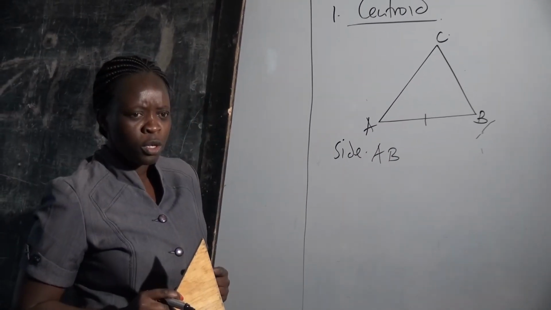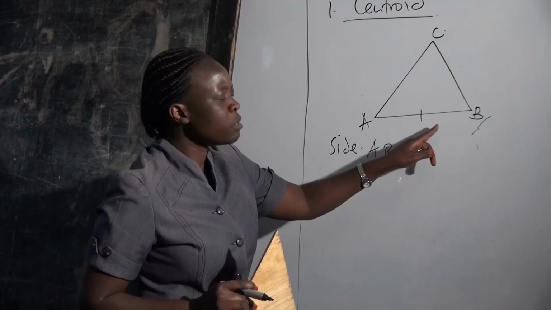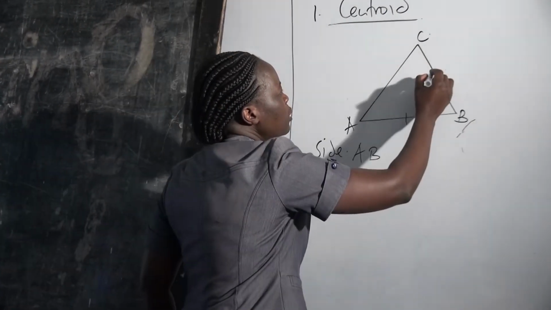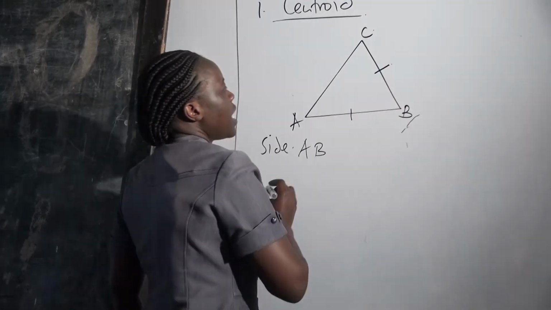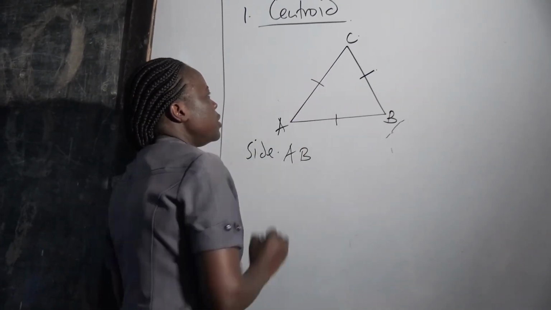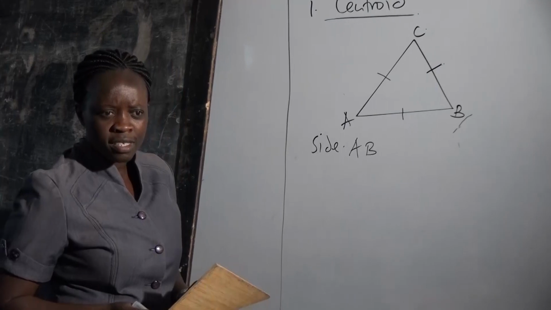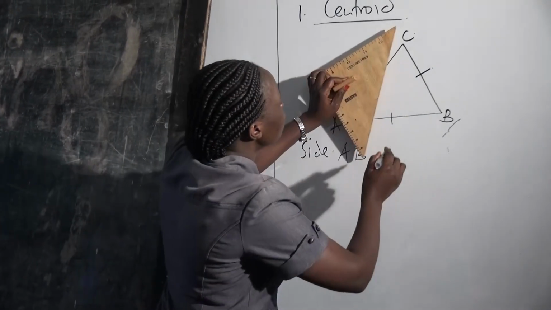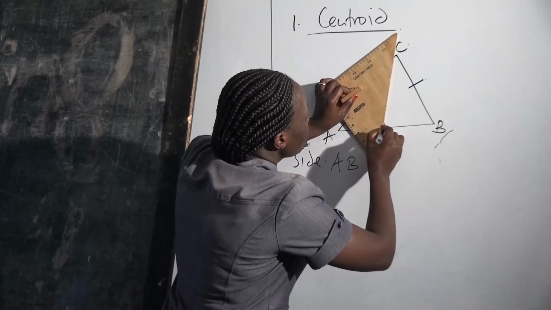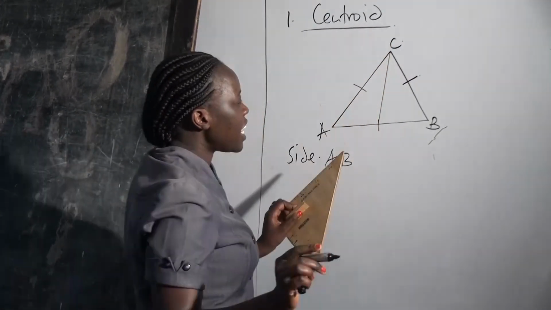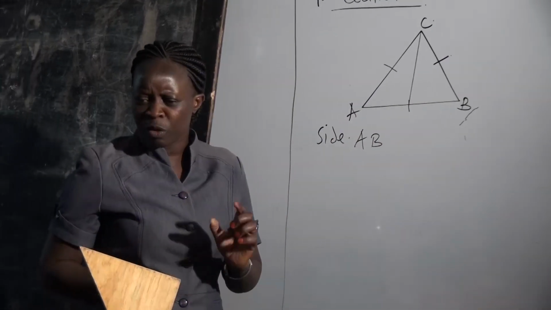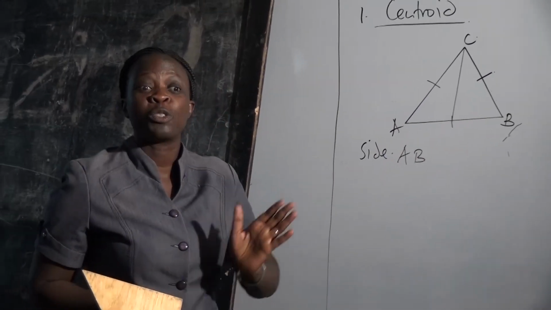I'll take us through. If I get the midpoint of AB, again I get the midpoint of BC, and the midpoint of AC. Then I join from this midpoint to C. We'll see how to construct it. Again, I join from this midpoint to A. That's what you say, from midpoint to the vertices.